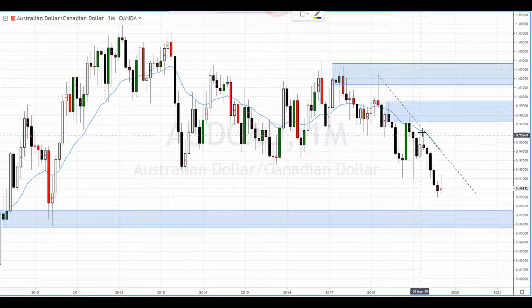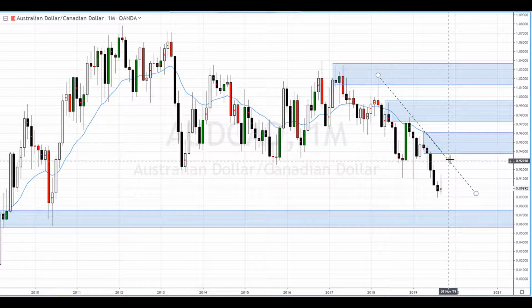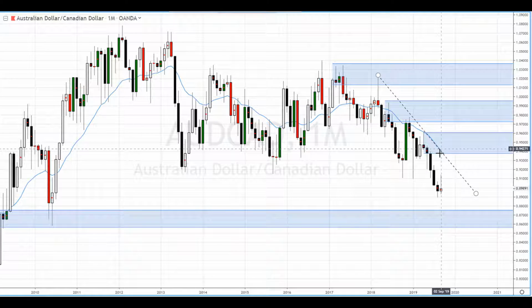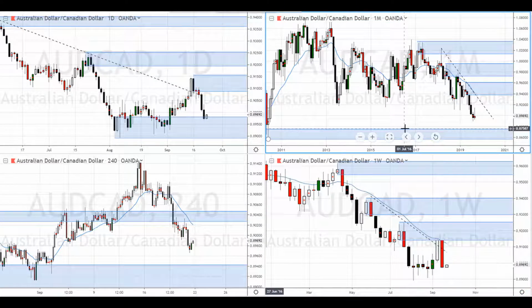And there's another one. This is a valid one, but if price doesn't retrace within this trend line, then it's not valid anymore. But it's still a downtrend. This is still valid as of right now, September 2019, sorry.